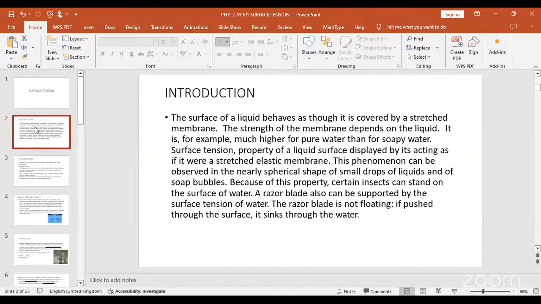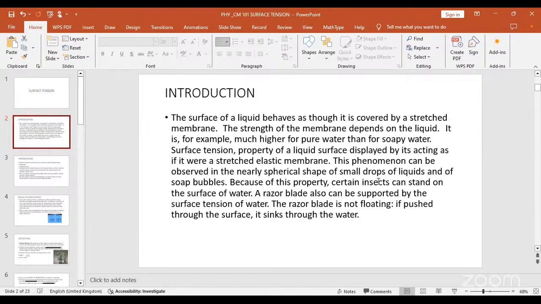So why not some other kind of shape, like a table-like form or a square-like form? The answer to that is the impact of surface tension.